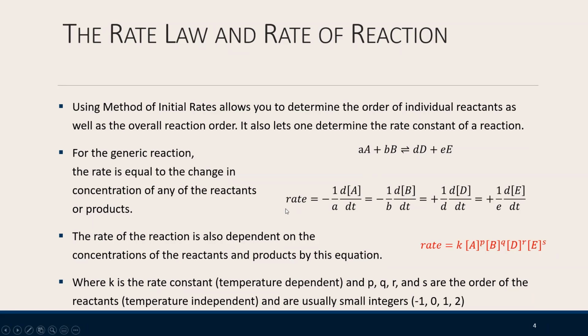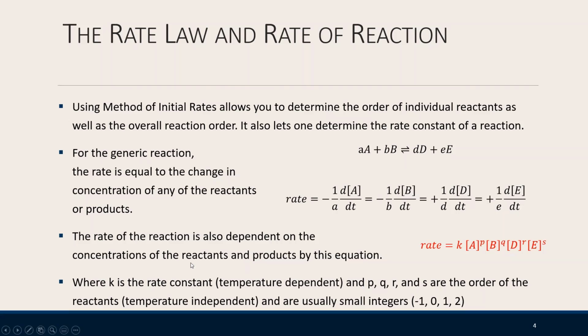In order to keep the rate a positive number, we put a negative sign in front of every reactant. For the products, there is a plus sign in front of the gradient of the products. So the rate is related to a coefficient times d[A]/dt, the gradient of A concentration over time, and a coefficient times d[B]/dt, d[D]/dt, or d[E]/dt.